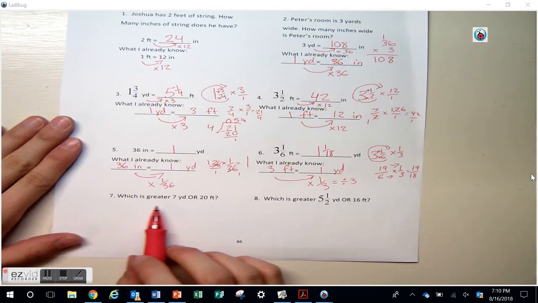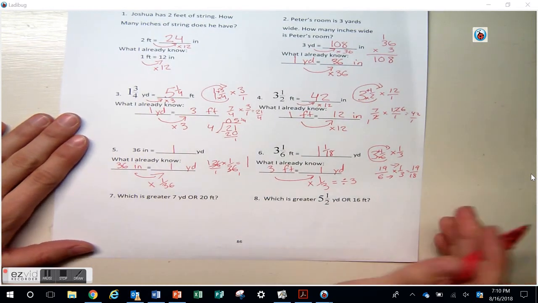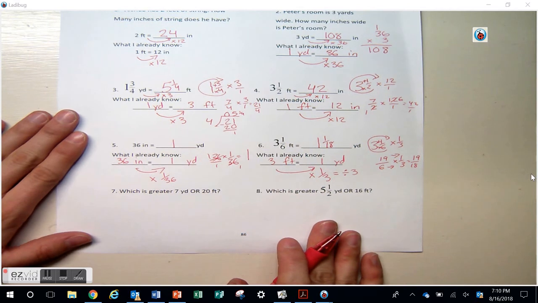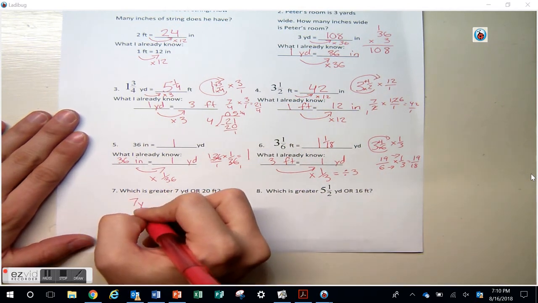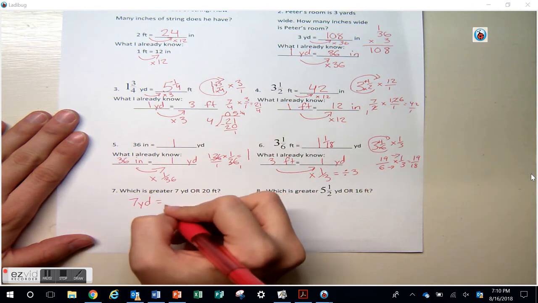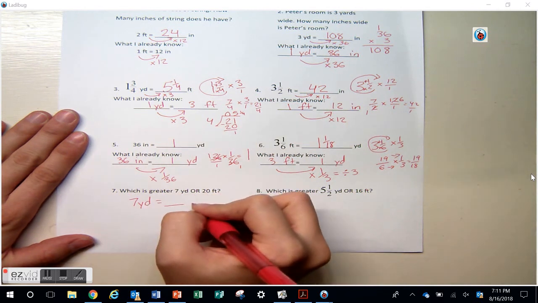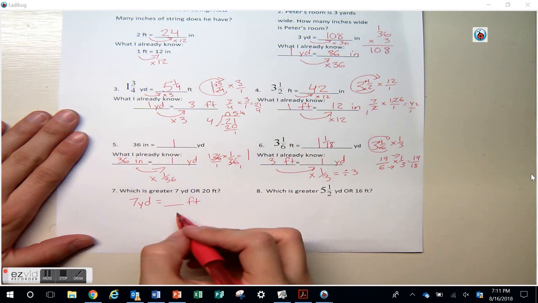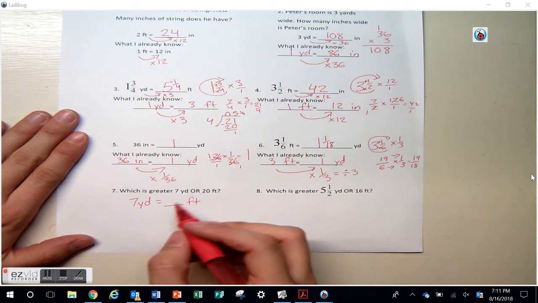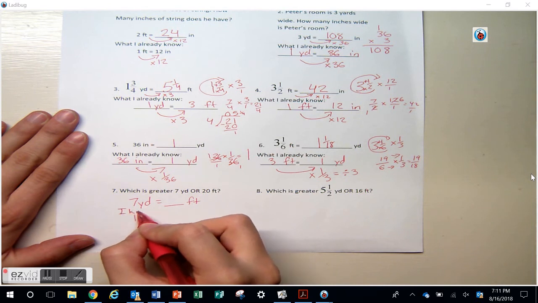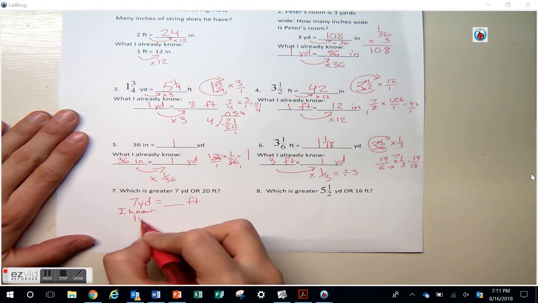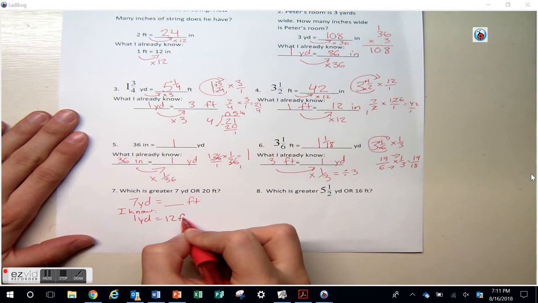Which is greater, 7 yards or 20 feet? Well, in this one, you'd have to set up a conversion for that. So I'm going to do 7 yards equals how many feet? And then I'm going to compare that to the 20. Well, I know 1 yard equals 12 feet.